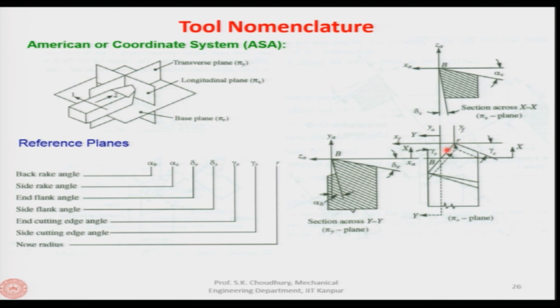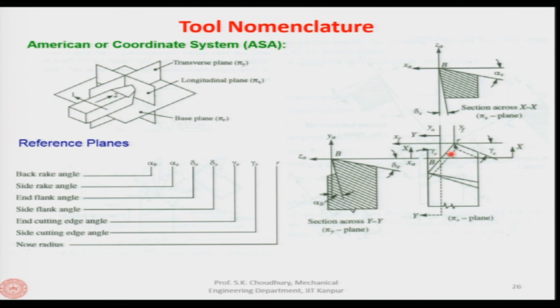Suppose you have the tool here in the base plane. Now, at any point here on the cutting edge, one of the cutting edges, this is the principal cutting edge, you take two sections, one is YY and another is XX.